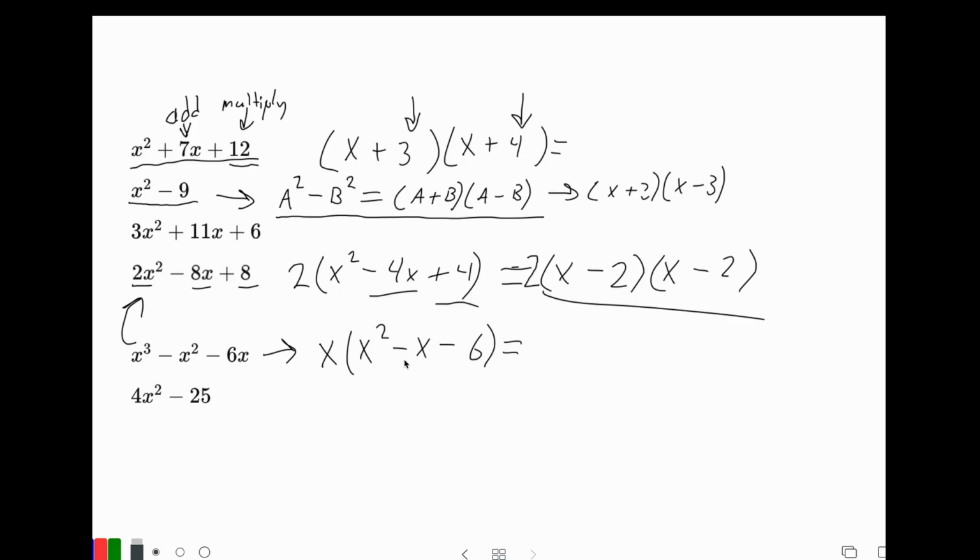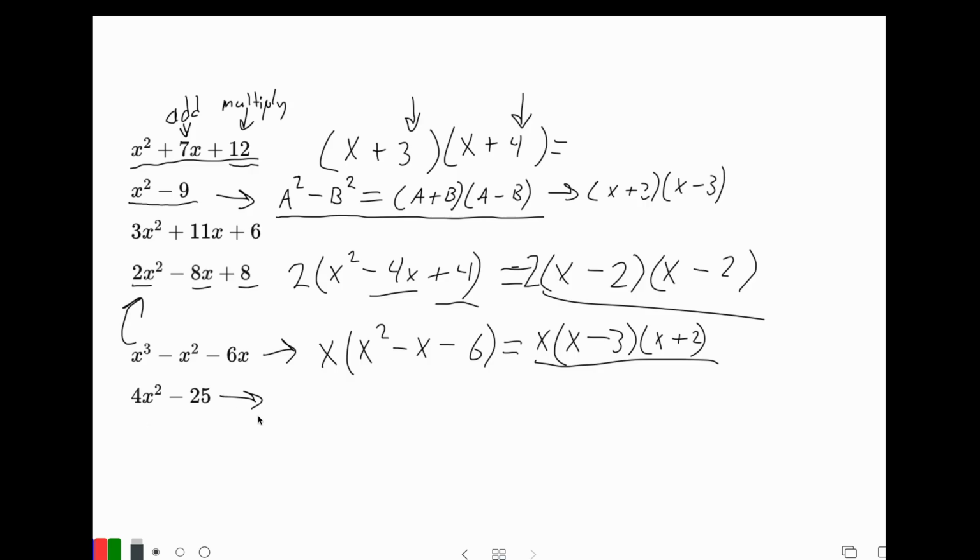So now this is just going to equal what adds to get negative 1 and multiplies to get negative 6. I think that is x, and oops, let me not forget that x out front. Let me write that better, actually. So it's going to be x times x minus 3 times x plus 2. Okay. Again, simple enough. You just need to be able to see to factor out that x in the beginning.